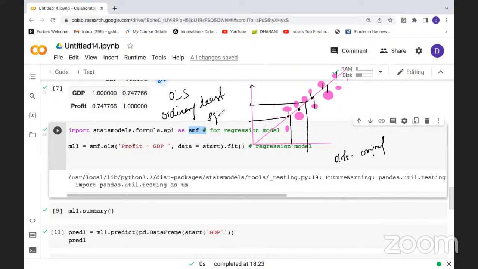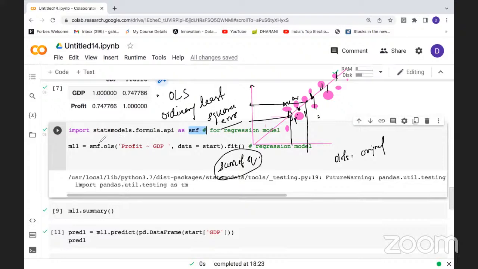It means you want the best fit line so that maximum data points fall on the line, and this error you are calculating, actual value minus predicted value, if you sum the squared errors, it should be least.